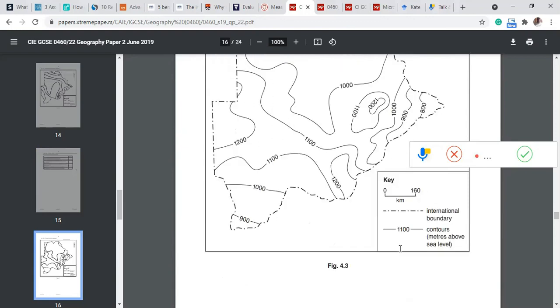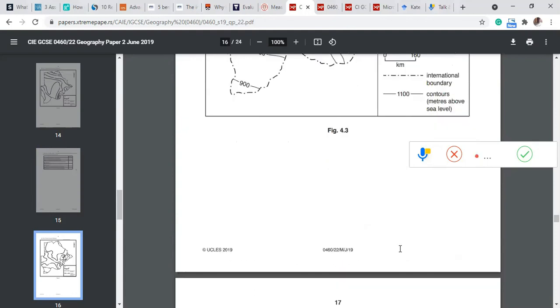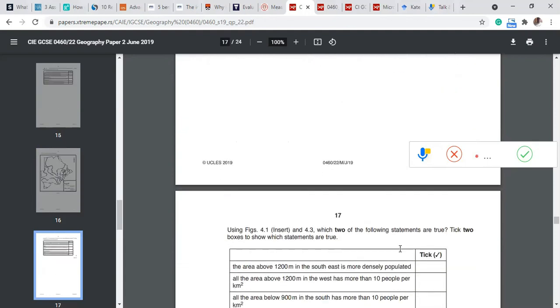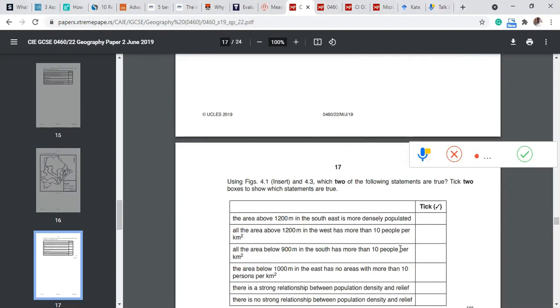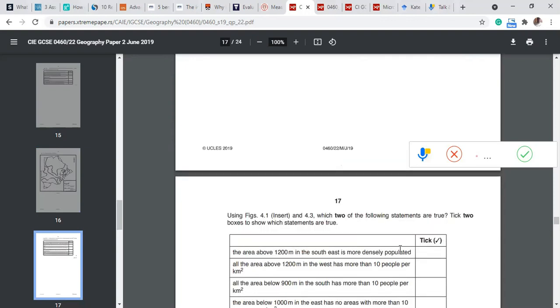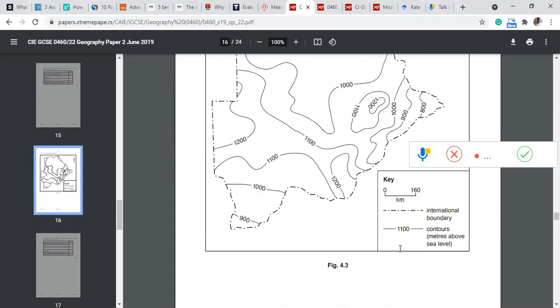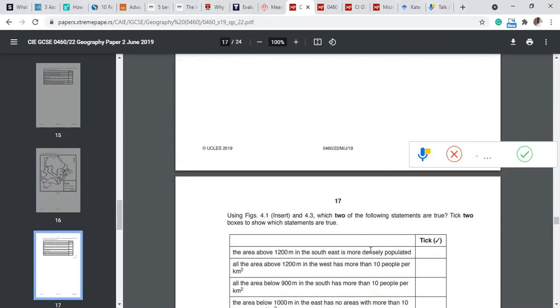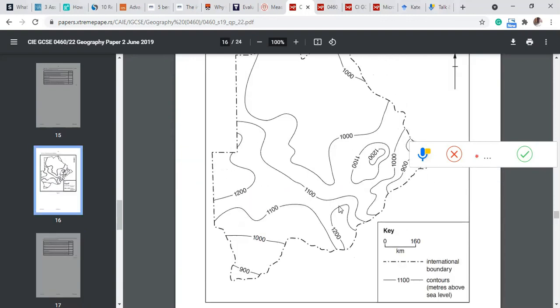Okay. So this is showing the relief contour lines. So what's the question? Which two of the following statements are true? Areas above 1,200 meters in the southeast are more densely populated. So let's check. This place is densely populated as well.